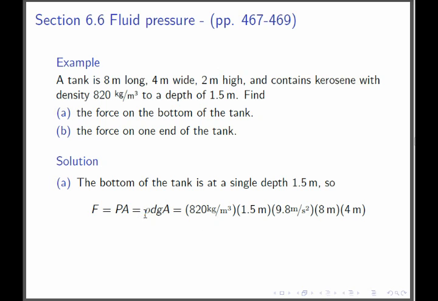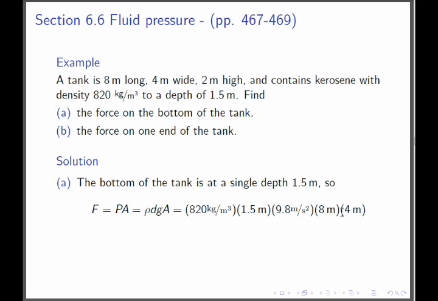Remember that pressure we've already computed was ρdg, the mass density times the depth times the acceleration due to gravity. And the area of the base was just a rectangle, so it's just the length times the width, 8 meters times 4 meters. The height of the tank was irrelevant, right? It was just the depth of the fluid that was of interest here. That's why we have 1.5 meters here, and the 2 meters doesn't show up at all. Okay, what are the units?